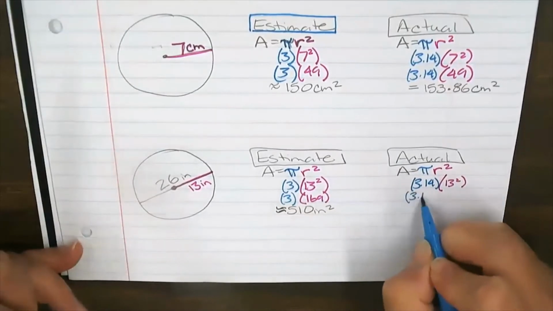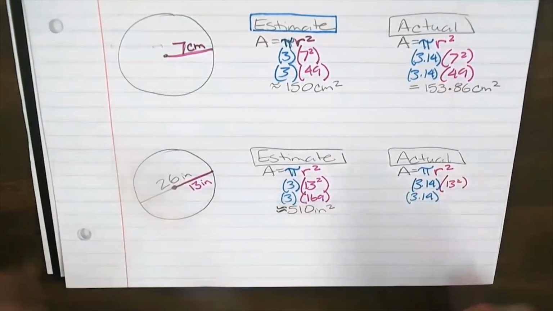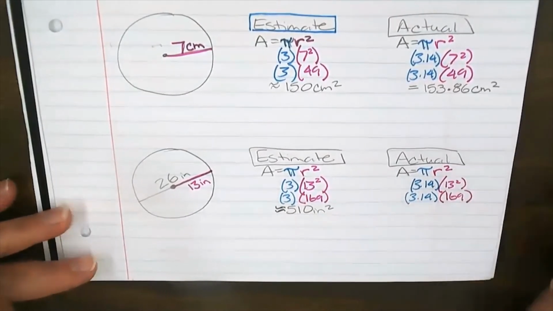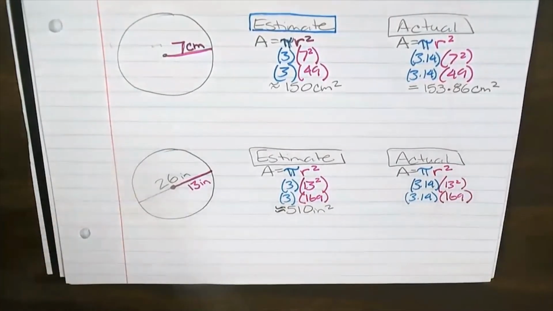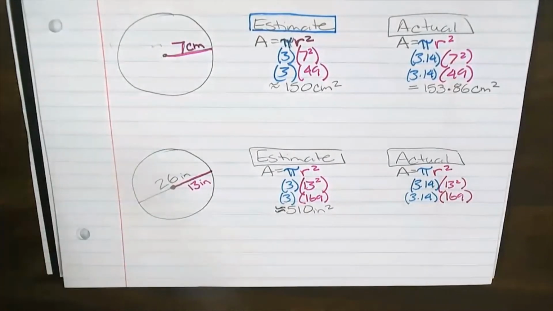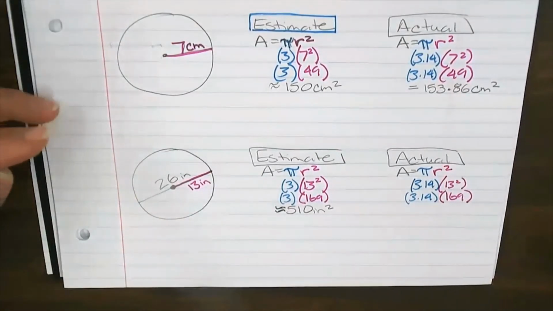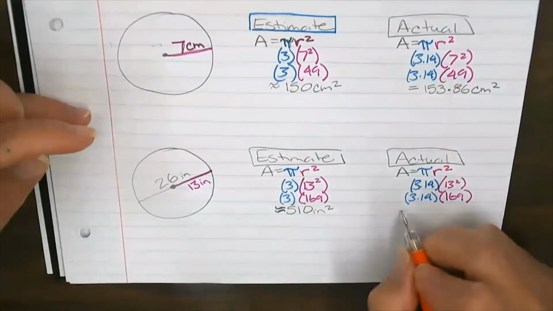We have 3.14 times 13 times 13, which is 169. And now I'm going to use my handy dandy calculator and multiply 3.14 times 169.